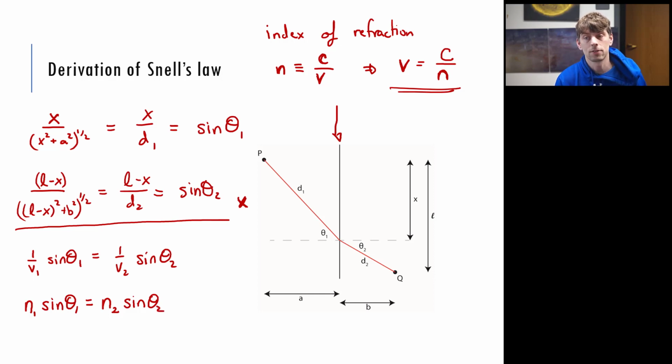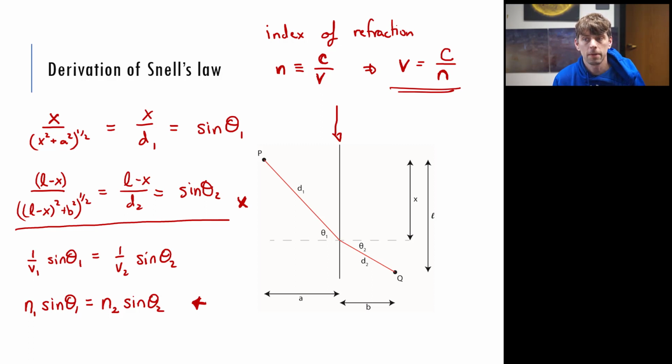And historically, when you say Snell's law, this is what people are going to be thinking about. And again, remember, Snell's law comes from the idea that light will follow the path of least time. And if light follows the path of least time, this is the relationship that must be obeyed.